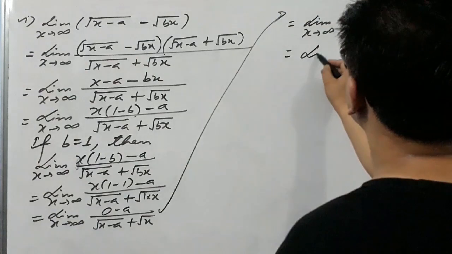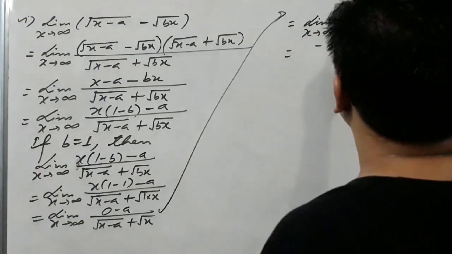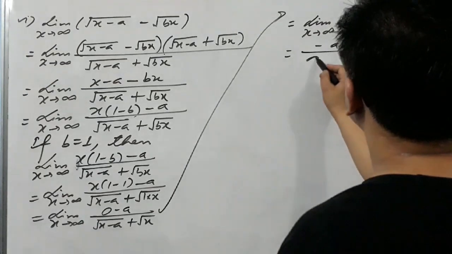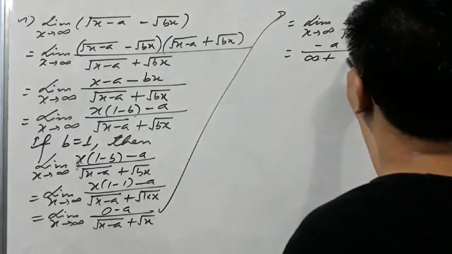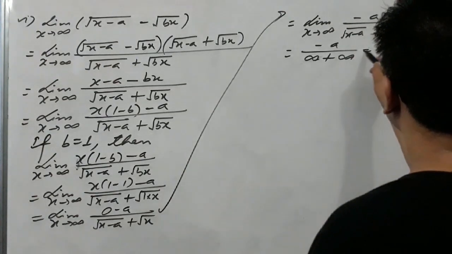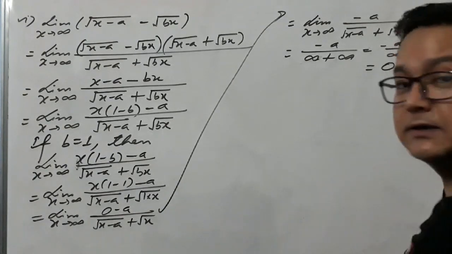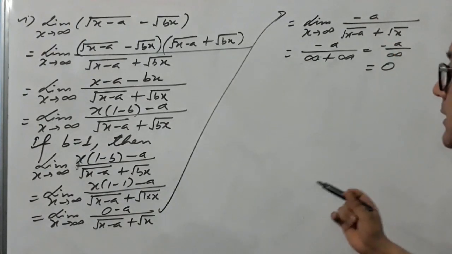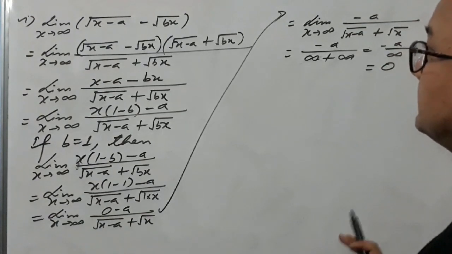Here the first term is 0, so we get minus a over root x minus a plus root x. This is not in indeterminate form. As x tends to infinity, the denominator is infinity plus infinity, so minus a upon infinity is 0. So one answer we got: 0.